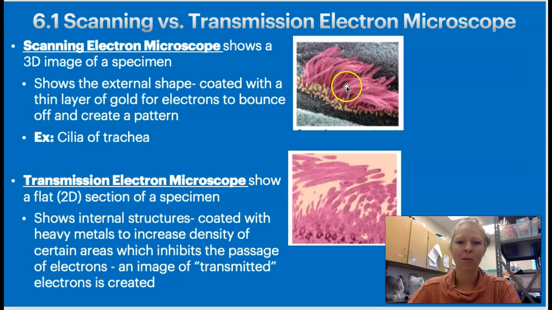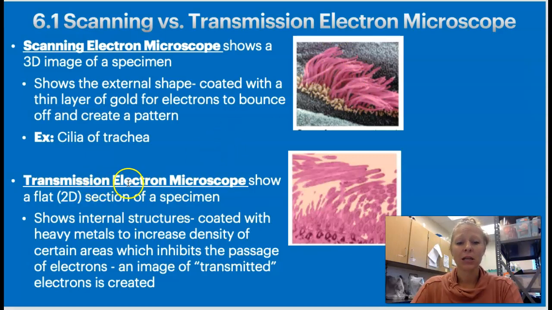So we don't develop the color with the microscope. That is added after. We put gold plating around the specimen, and then we scan or spray a beam of electrons, and it's going to create a 3D image. Those electrons bouncing off of the specimen are going to create the image that we see here.